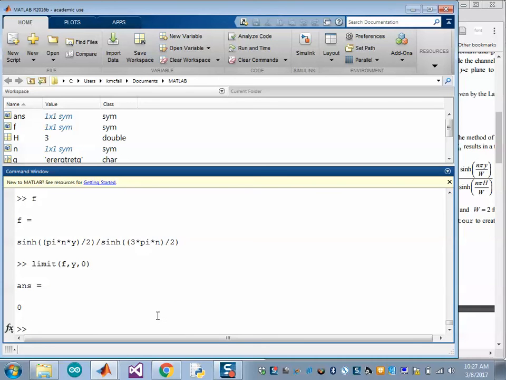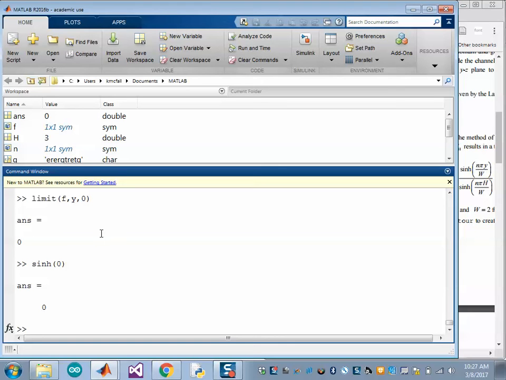So the limit of f as y approaches 0 is 0. That makes sense because the hyperbolic sine of 0 is 0. So if y is 0, then the numerator is going to be 0. It doesn't really matter what's in the denominator, it's going to end up 0. So that makes sense.